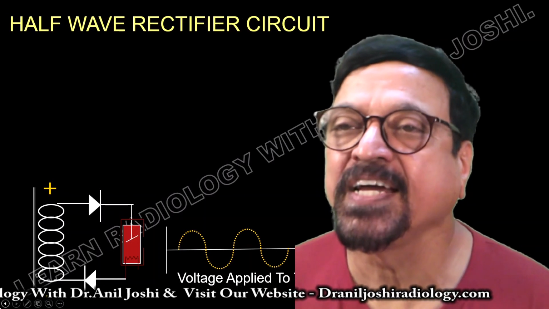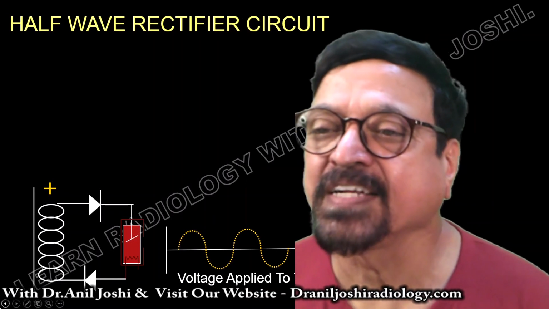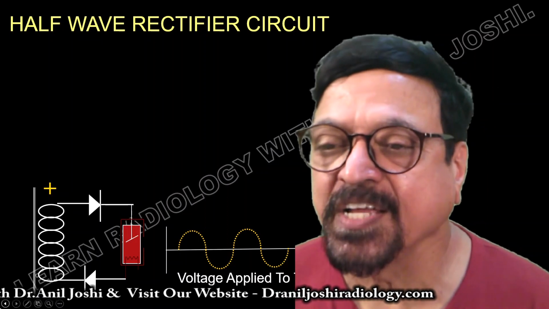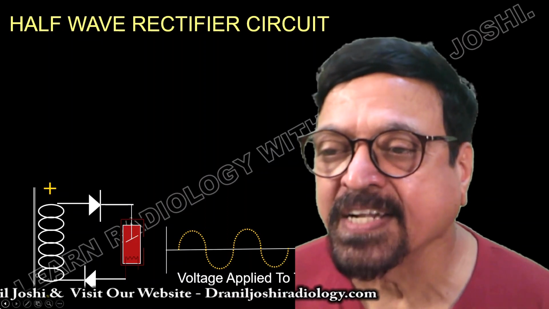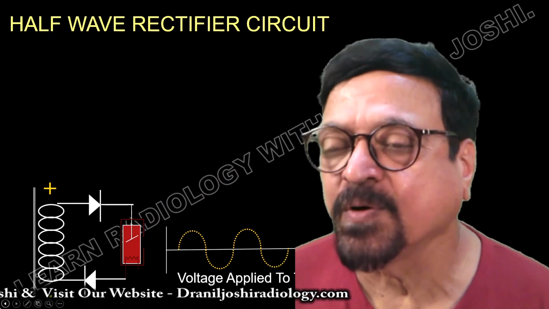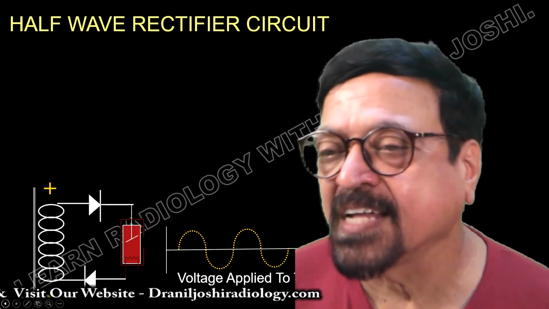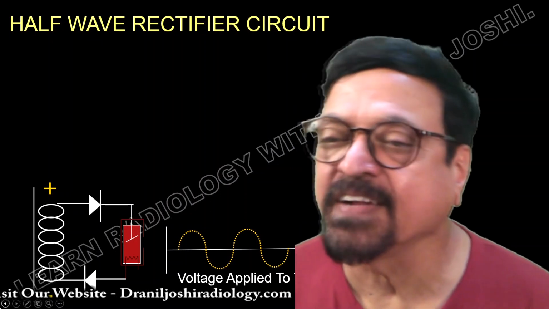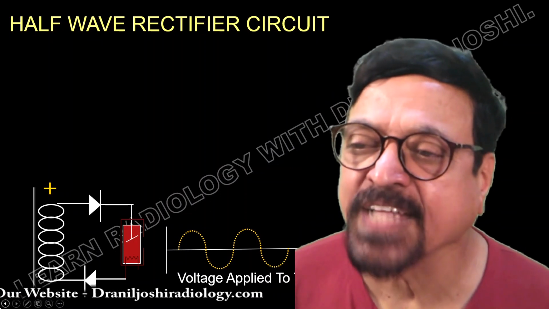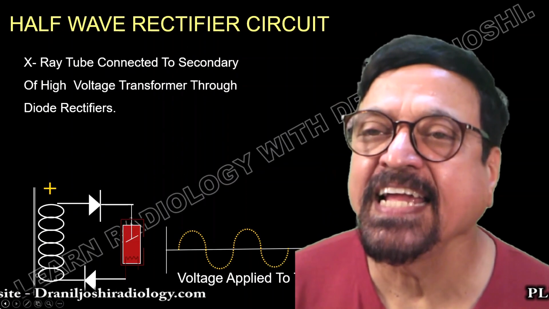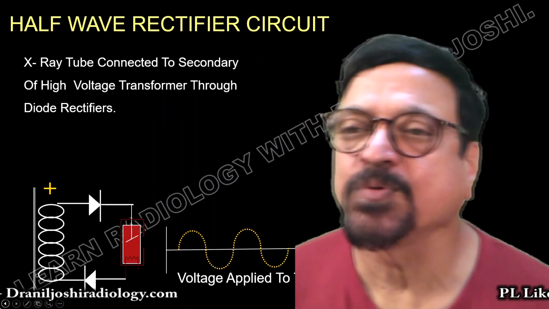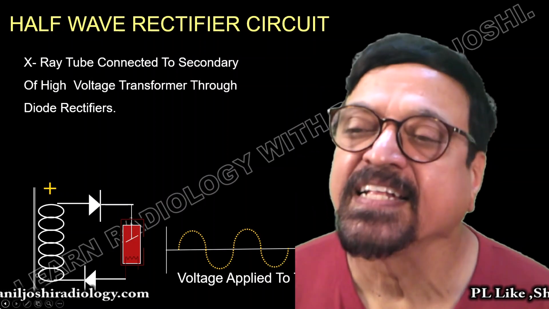The design of the half wave rectification circuit is shown here. Positive, negative, you can get a supply in only one direction. So what is happening here is the upper cycle is getting converted into effective radiation, and the lower cycle is abandoned. The X-ray tube is connected directly to the high voltage transformer through a diode rectifier.